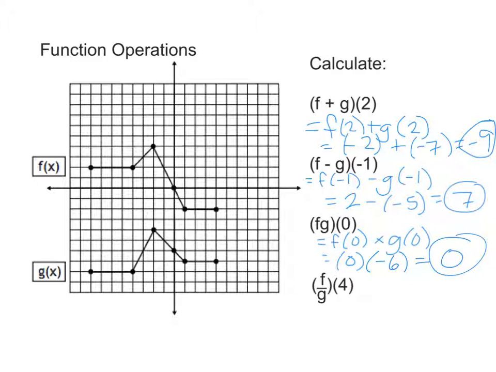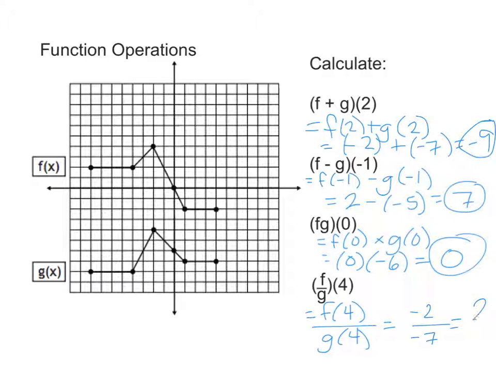And the last one, f divided by g of 4. So we're going to do f of 4 divided by g of 4. f of 4 is negative 2 divided by g of 4, which is negative 7.